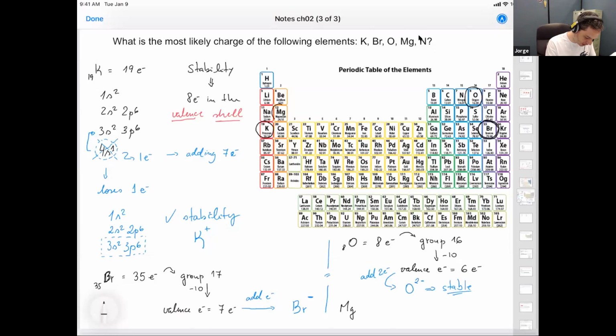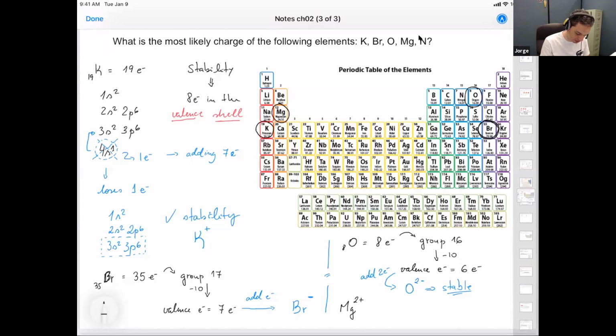Magnesium is right here and belongs to group 2, which means 2 valence electrons. To achieve stability, magnesium is simply going to lose these 2 electrons and becomes magnesium 2 plus.